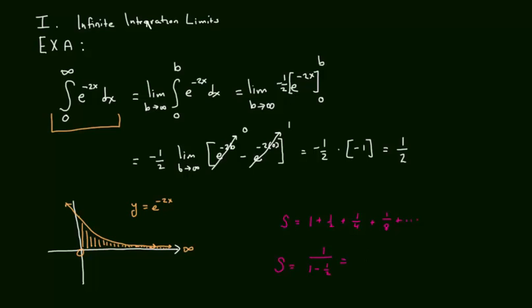So then this is going to come out to be 1 over 1/2, or simply 2. So the argument is, well, if we're adding on these small fractions infinitely, won't the sum continue to grow? But you've learned from a previous course that that sum converges to 2, which is a similar argument here, that the sum or the area is converging to 1/2.